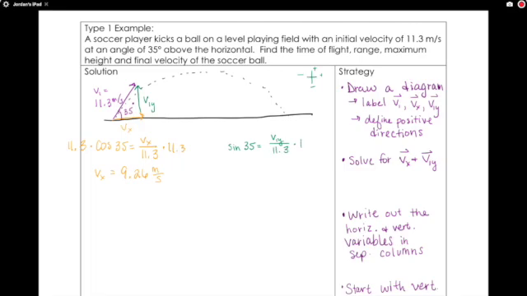So times both sides by 11.3, and we'll get that V1y equals 6.48 meters per second. Okay, so we solved for Vx and V1y.